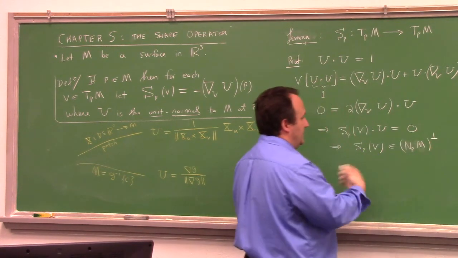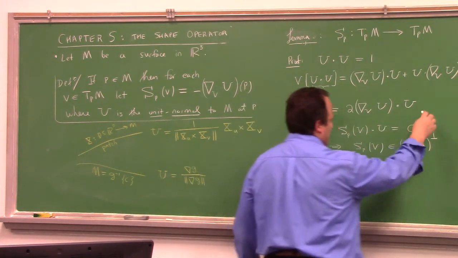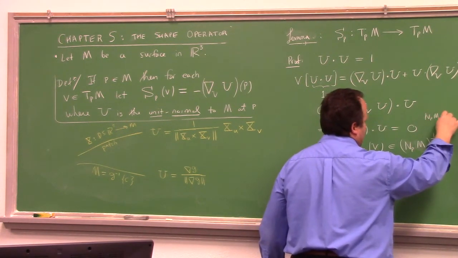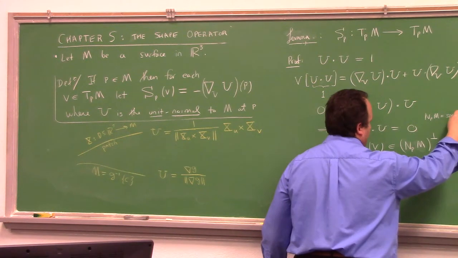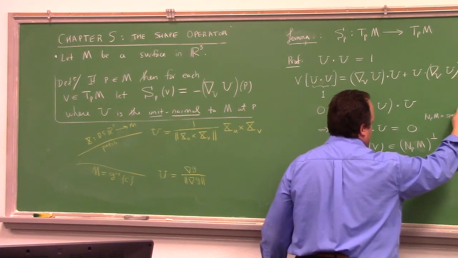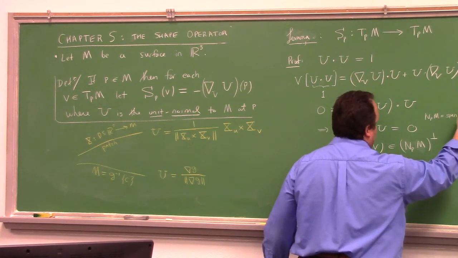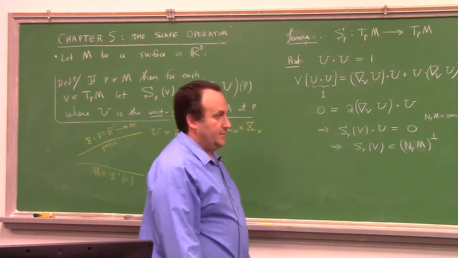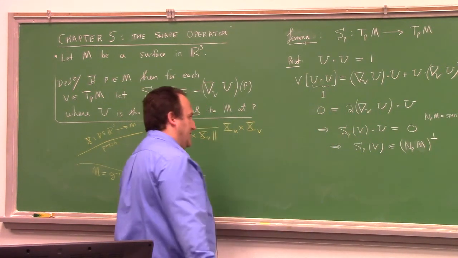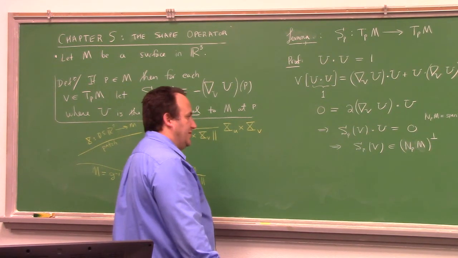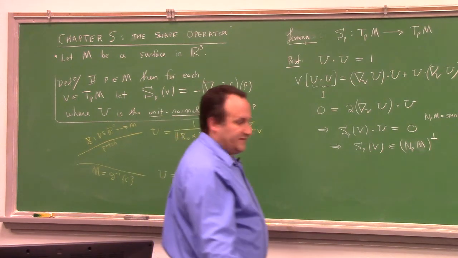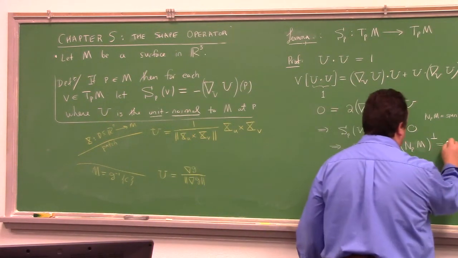Because the normal space to M at P is the span of the unit normal, right? And if the shape operator's output is perpendicular to the unit normal, it's in the perp to the normal space, which, as we've discussed, is the tangent space, right?